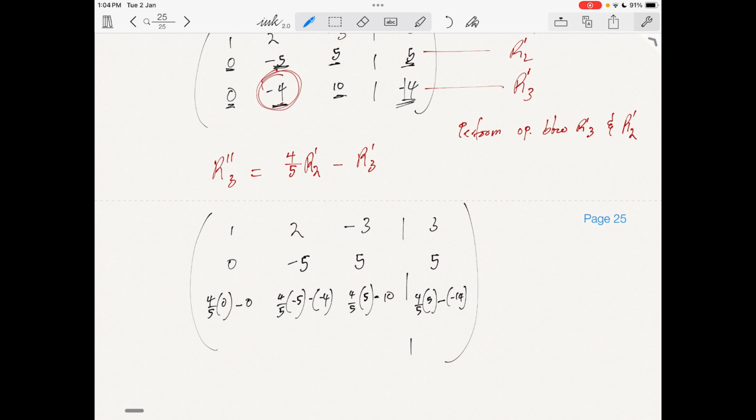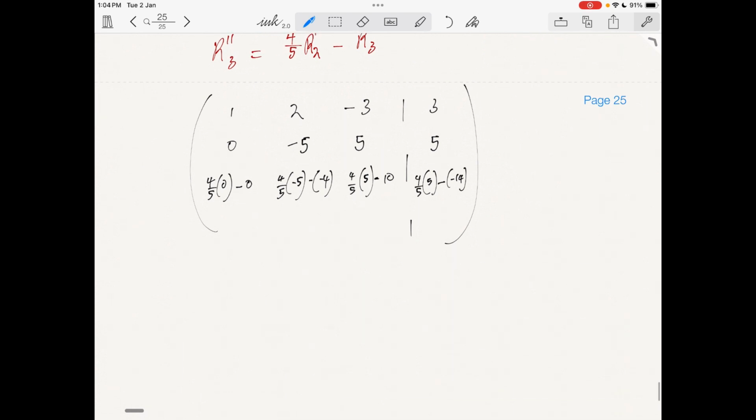So with that done, we will now have our final augmented matrix to be 1, 2, minus 3, 0, minus 5, 5, 0, 0, 6, 3, 5, and minus 18.